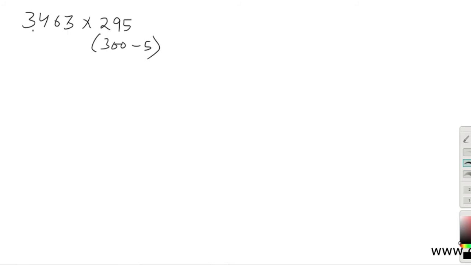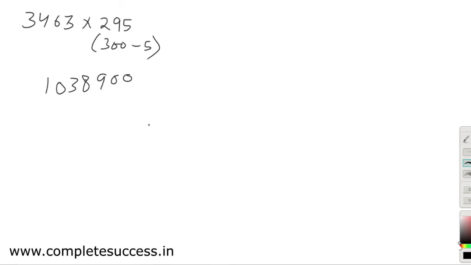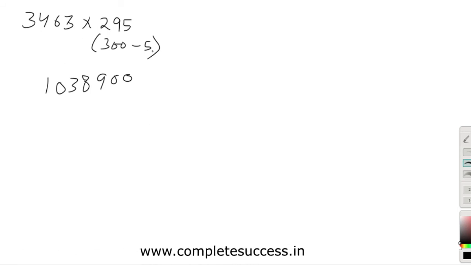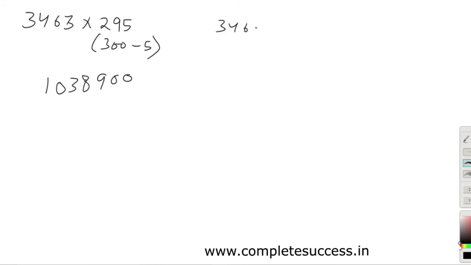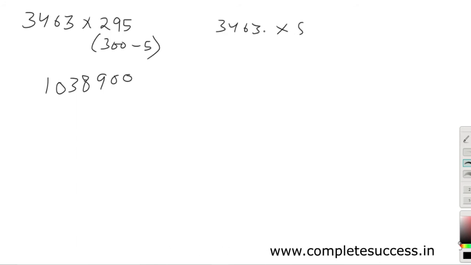That will be easy. So we first multiply this with 300, which will give you 1,038,900. Then 3463 into 5. So 3463 into 5 means add a single zero, then half of this number. The half of 34 is 17 and the half of 630 is 315.